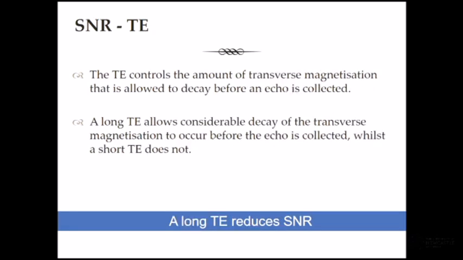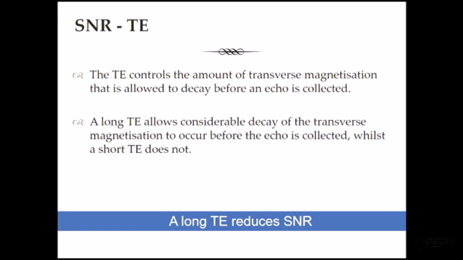And again, the echo time controls the amount of transverse magnetisation that is allowed to decay before an echo is collected. Remember, we looked at that video, I think in lecture number 3, where I showed our magnetisation being flipped into the transverse plane, and then it starts to dephase, and then we apply a 180-degree pulse, we flip them over to the other side, and then wait for the collection of that echo.